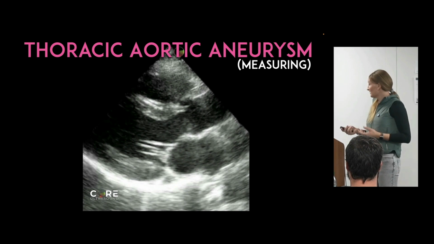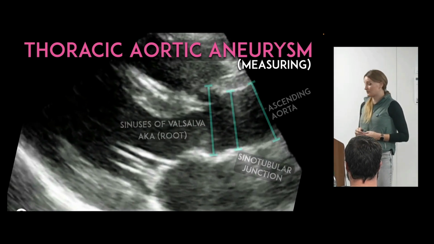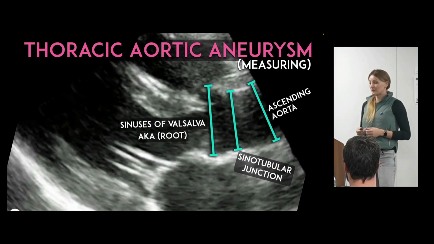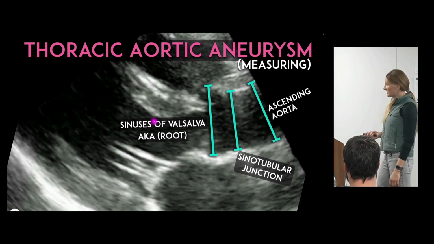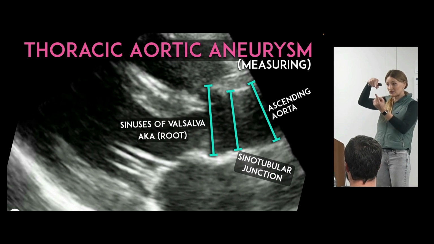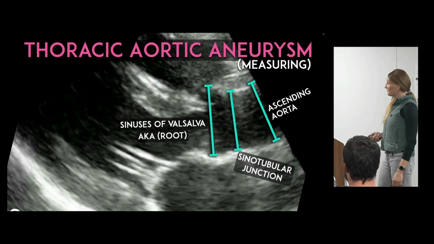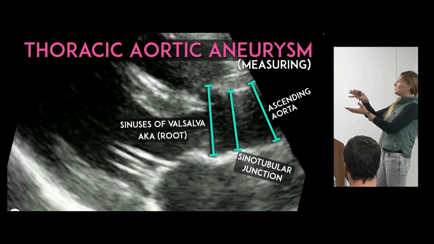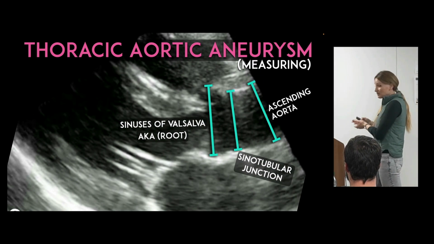We want to naturally focus in on the root itself. And the root even has different parts. There are these sinuses of Valsalva. This is like a little outpouching right on the other side of the aortic valve. We have the sinotubular junction, which is basically where this slopes down into a more tubular ascending aorta. That's why it's called the sinotubular junction.